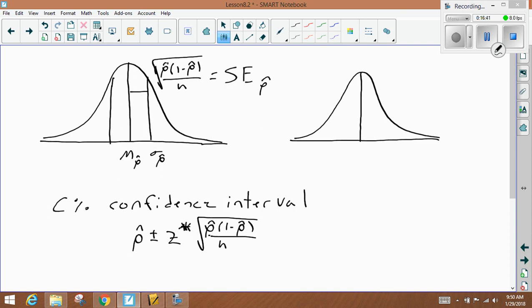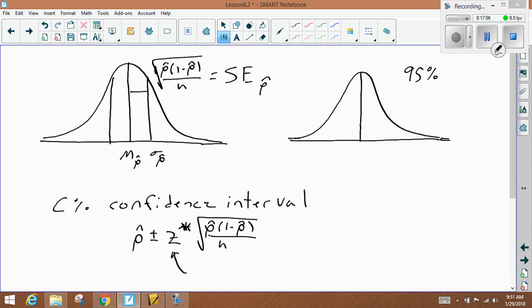So the question is where does this number come from? It's a number we're going to use, right? So if we look at that number, imagine, let's look at what our critical value might be for 95%.